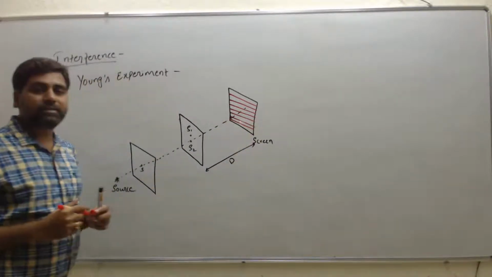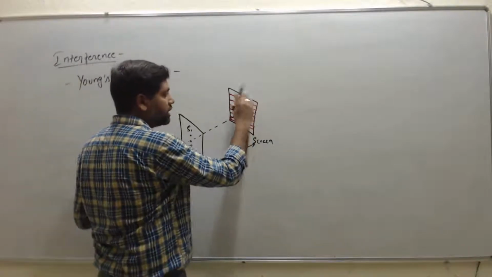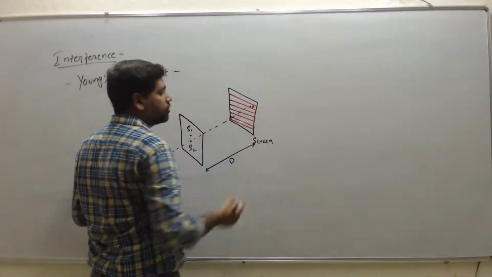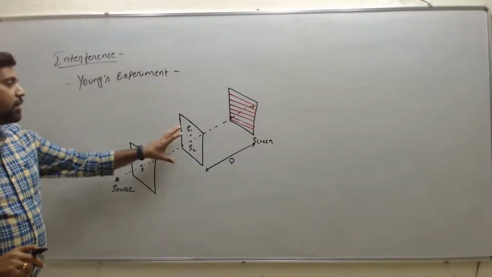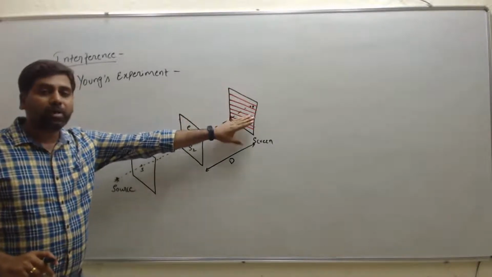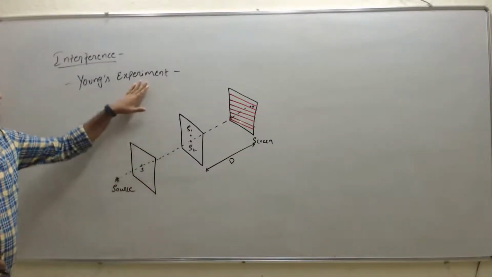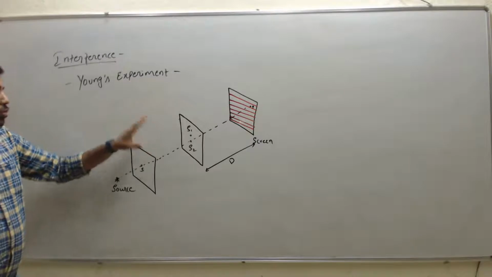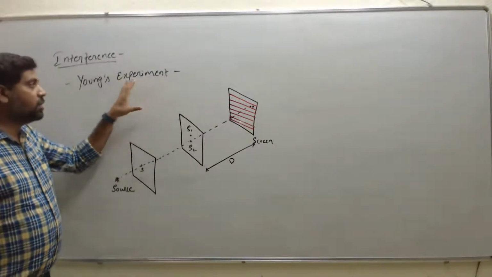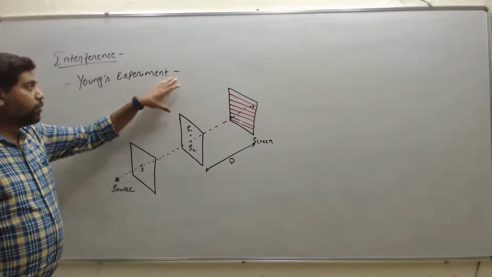If we consider any point P on this screen, in this medium, then we can find the maximum intensity at that point, and also the minimum intensity at that point. This experimental arrangement is called Young's experimental arrangement. In the last class we considered two sodium lamps, that is two different sources, rather than waves coming from two separate pinholes.